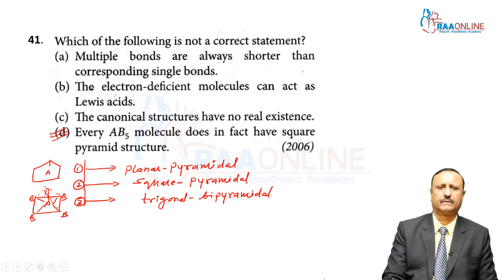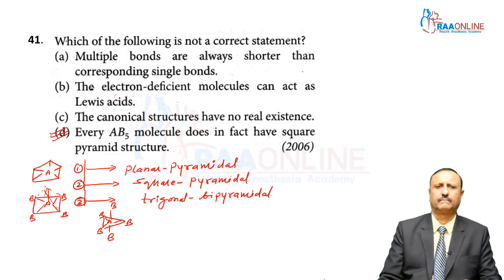A, B, it is called planar pyramidal and trigonal pyramidal. A, B, 3 and 4 and 5. So my dear students, it is called trigonal bipyramidal. Question number 41, answer is D.